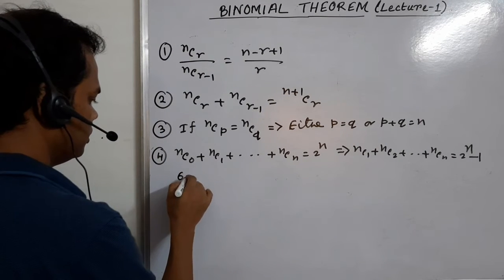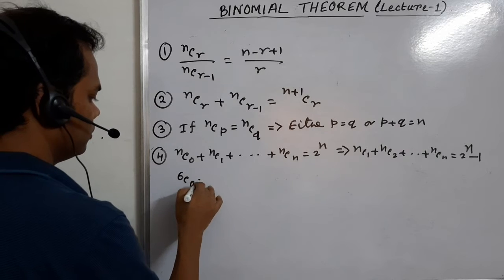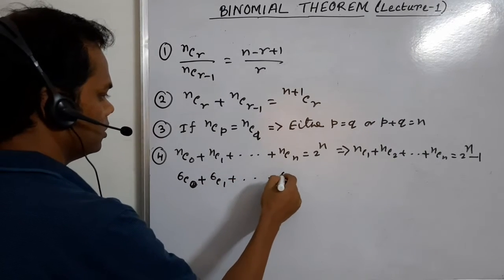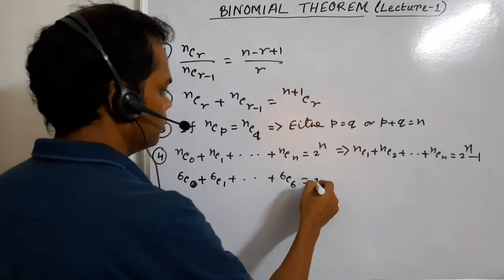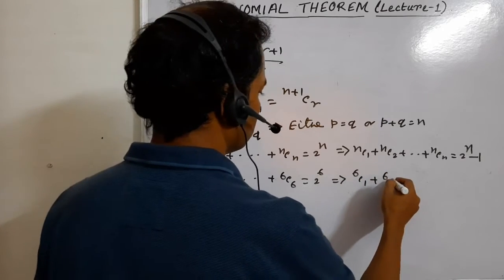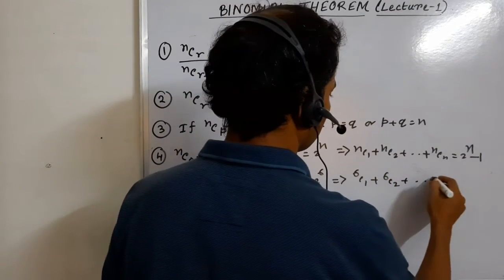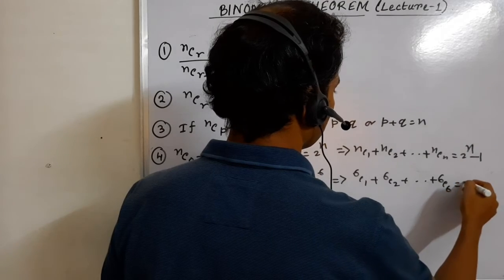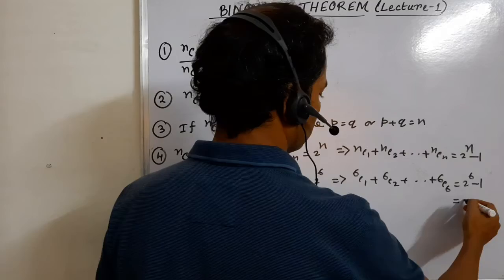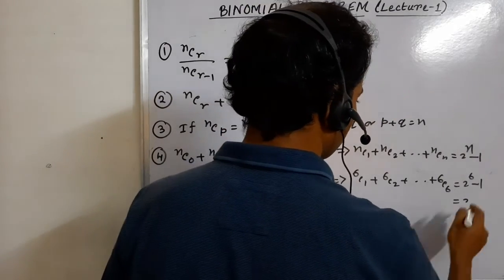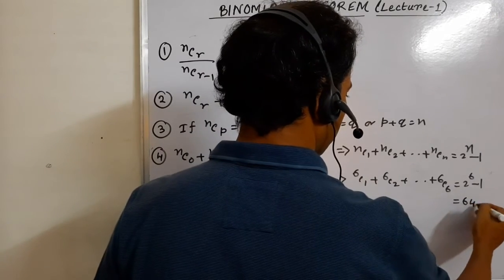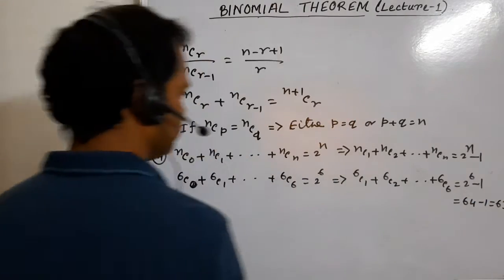As for example, 6C0 + 6C1 + ... + 6C6 equals 2^6. So 6C1 + 6C2 + ... + 6C6 equals 2^6 minus 1. 2^6 is 64, and 64 minus 1 is 63.